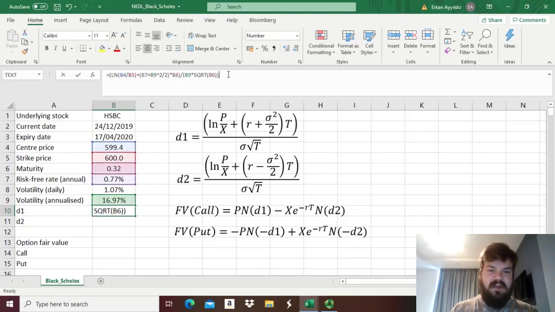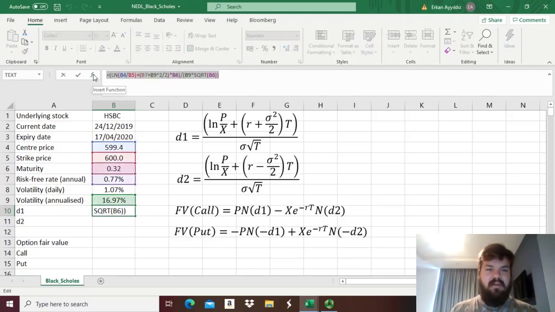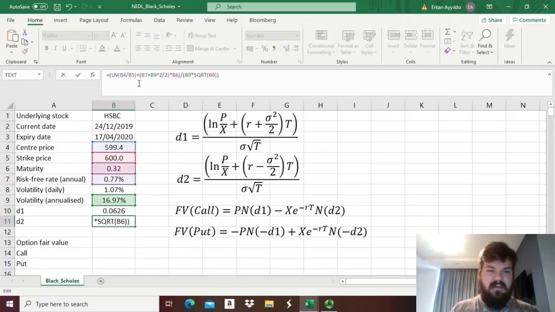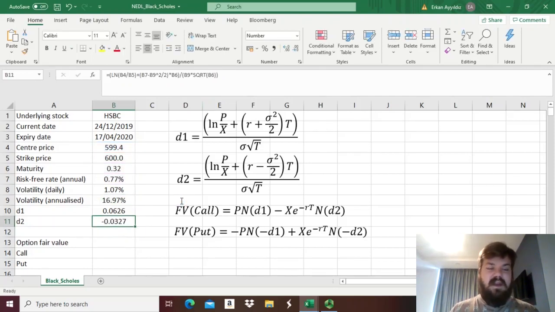What we can do is just copy the formula from this cell, paste it over here, and change this plus, which corresponds to this added volatility term, to the minus that corresponds to the potential downside given the random walk in terms of D2. And here we see that D2 is negative and it's roughly 0.03.